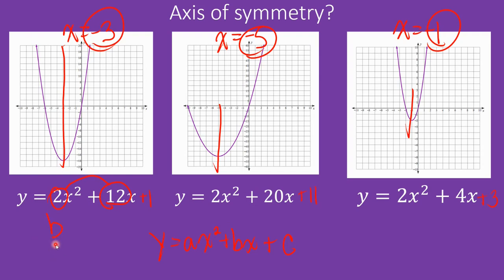We said we needed to make it negative, so we're going to stick a negative out front of that number. And then we divide by double this first number. Well, the first number is a, and if I need to double a, I'm going to multiply it by 2. So I'm dividing by 2a. So it turns out that the pattern is if you do -b over 2a, that will always tell you what your axis of symmetry is.